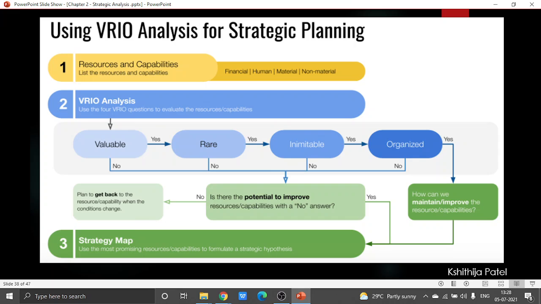This is most likely the hardest criterion to assess, since sufficient time must be allotted, and any benefits from the asset can be cashed in only if it is not inimitable.